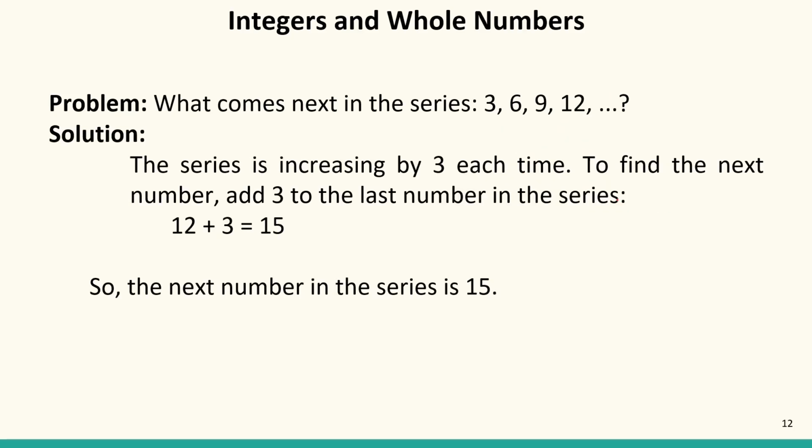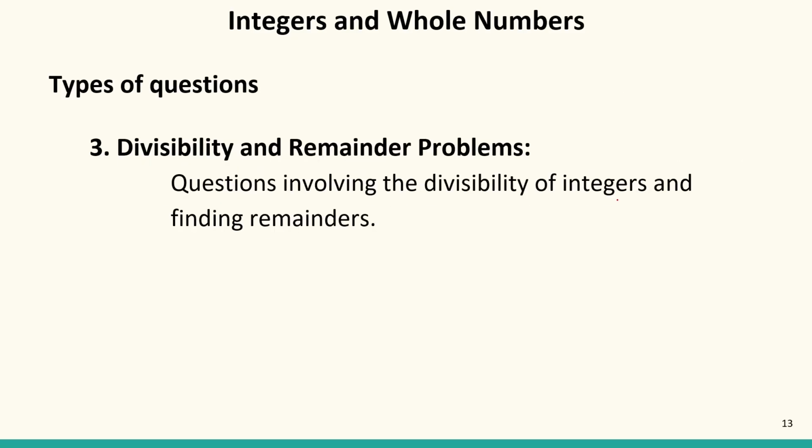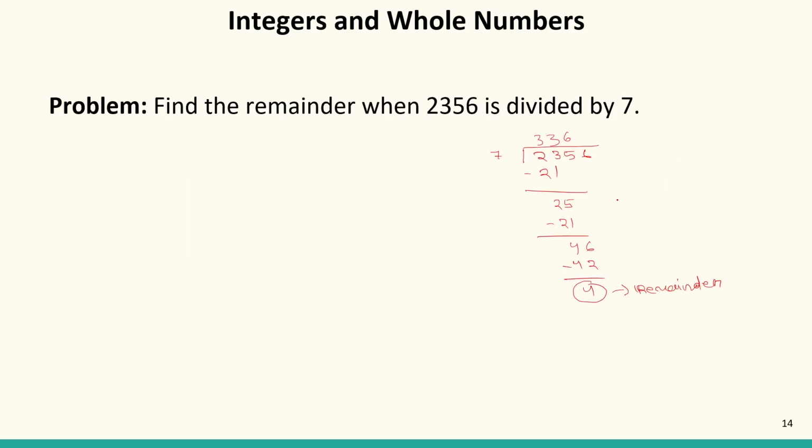The next problem was on divisibility and remainder. We did long division here, and we got 4 as remainder. The question may be framed like this: is 2356 divisible by 7?